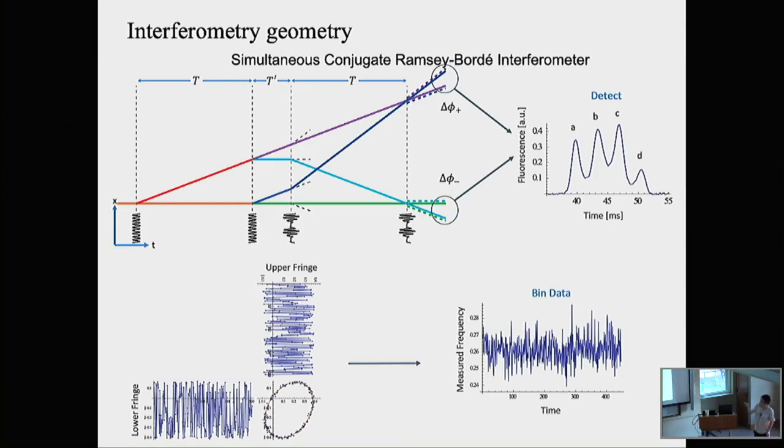But if we plot the interference fringe from the upper interferometer parametrically against the interference from the lower interferometer, like this, then we can trace out an ellipse. Vibration will walk our data points around this ellipse, but the shape of this ellipse, whether it's like a circle or a line, is determined by the differential phase between these two interferometers. That's how we resolve the differential phase.